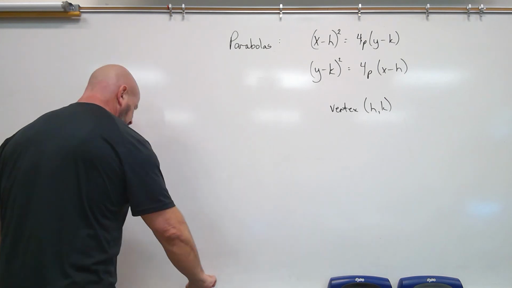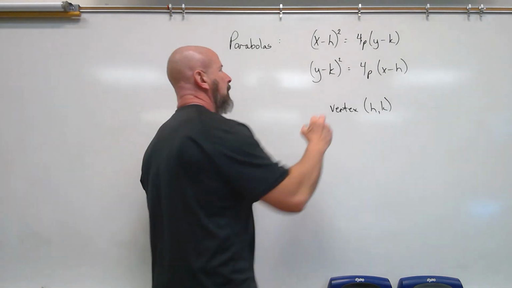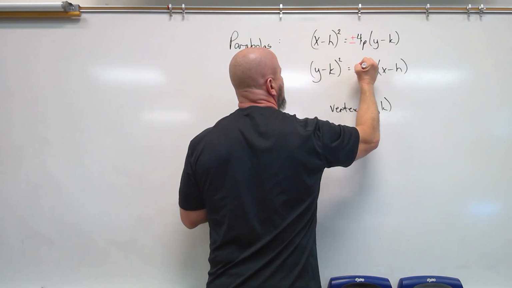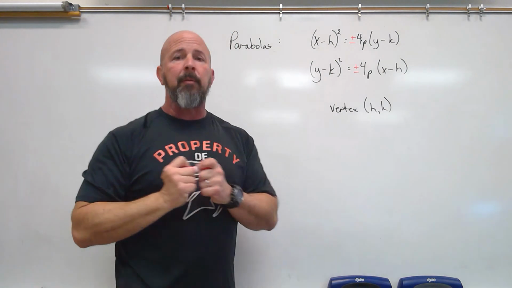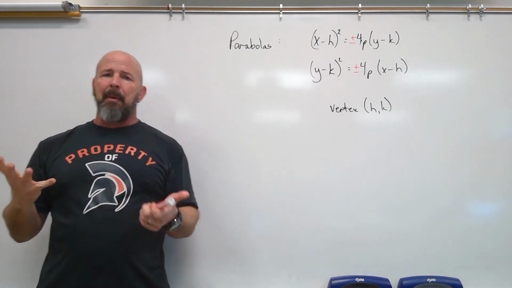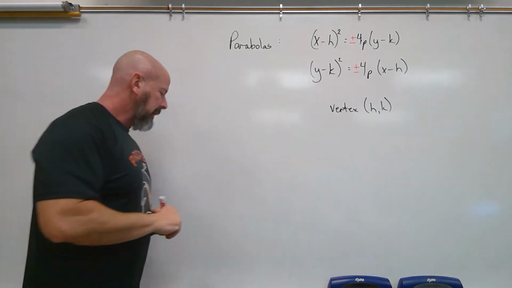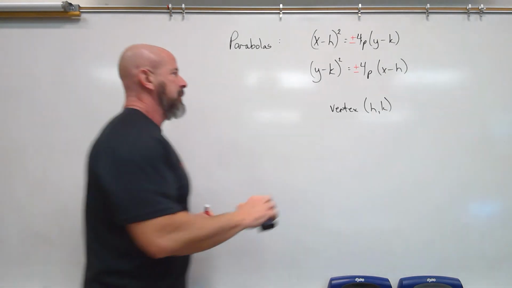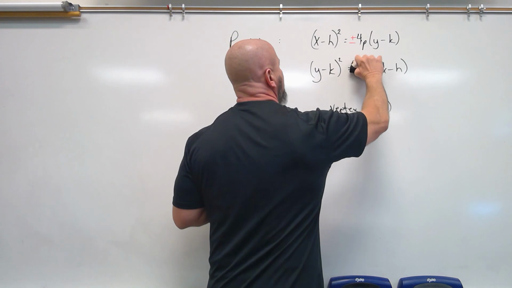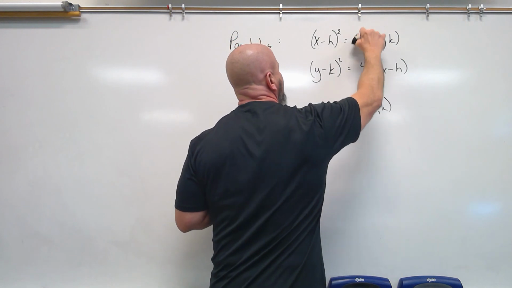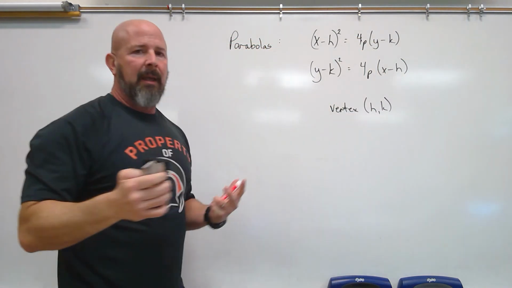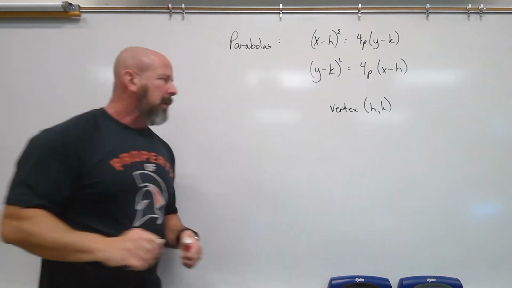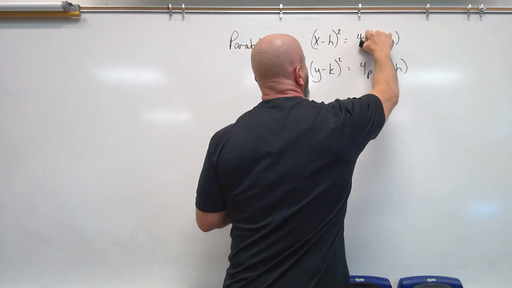A lot of times in a general form, we'll see a plus or minus right here, which is sometimes presented just saying, hey, it could be positive or negative. However, there are times when we're just showing a general form that the plus or minus would be left out. And that being said, it's still referring to a plus or minus. So just make sure we understand.